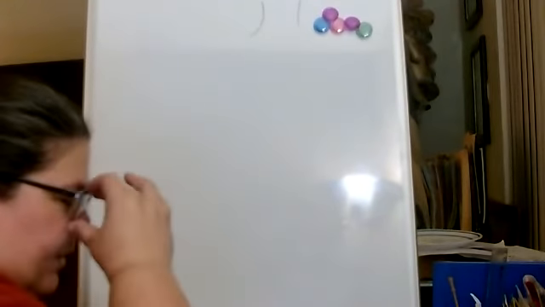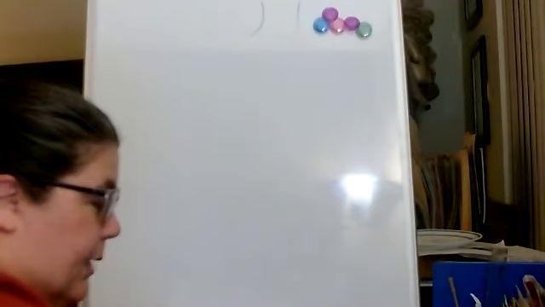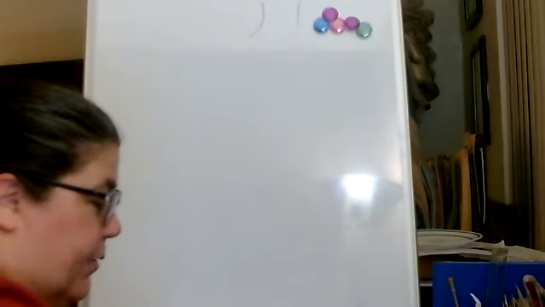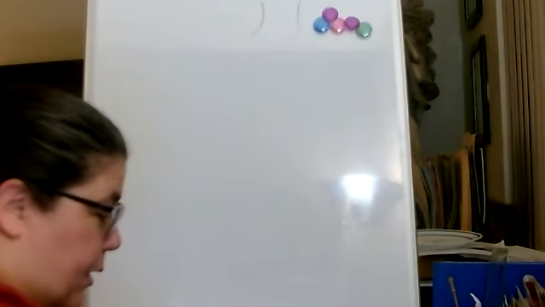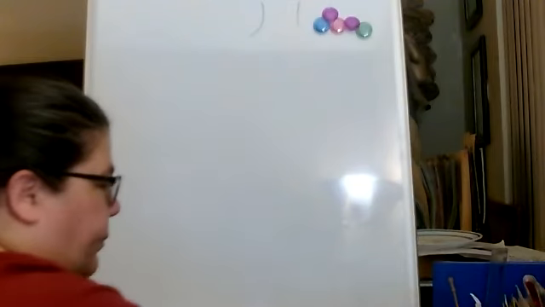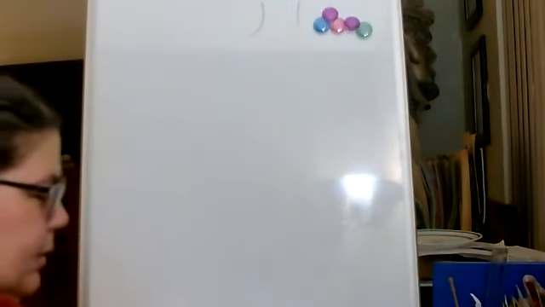Okay, what else do we need to know here? Sometimes we need to use the distributive property first before we can combine our like terms. So let's take a look at this.